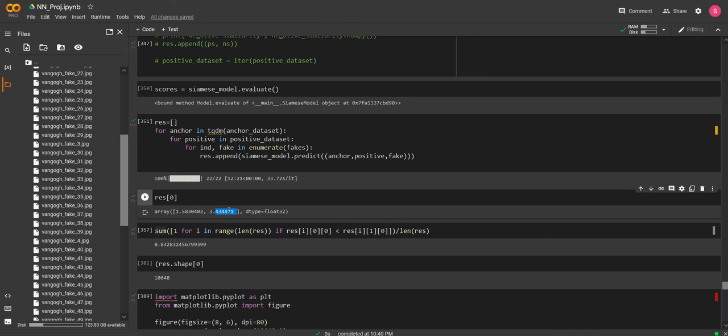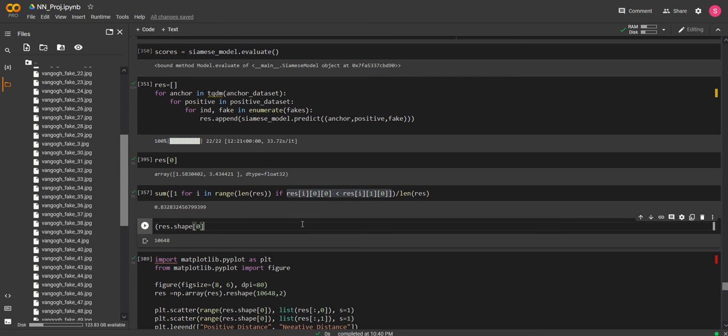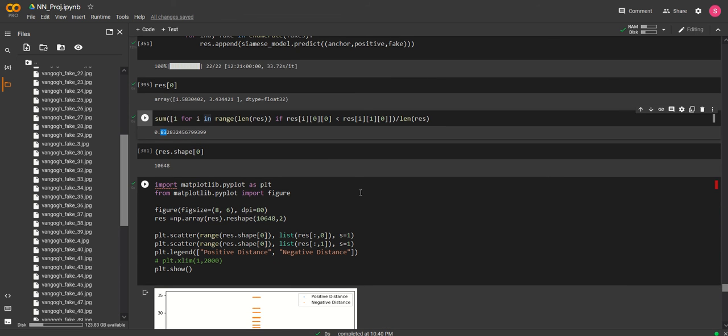If the distance between the anchor and the negative is greater than that of the positive, which is what we were checking here, it means that the model found that the fake one is farther away from an unseen original, which means it was successful in identifying the fake as a fake one. You can see that this comes close to about 83% of the triplets that were tried.